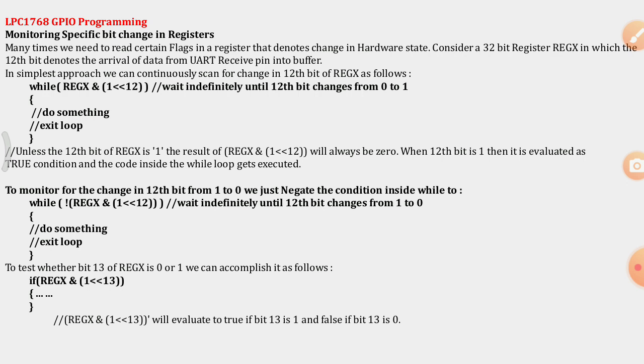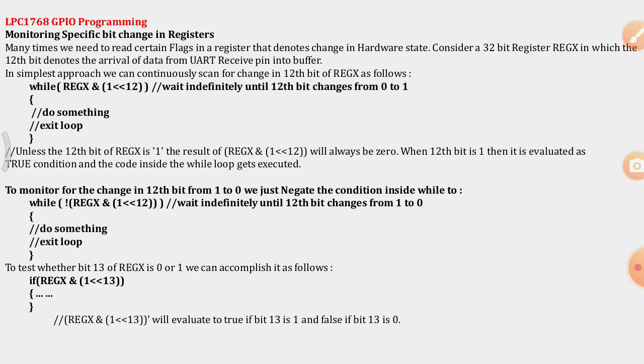Then to test whether the 13th bit... this whole section is related to monitoring. So now to test whether bit 13 of regex is 0 or 1, we can accomplish it as follows. That is, if is a condition to check whether it is 1 or 0; 1 is true and 0 is false if we don't use a NOT gate.